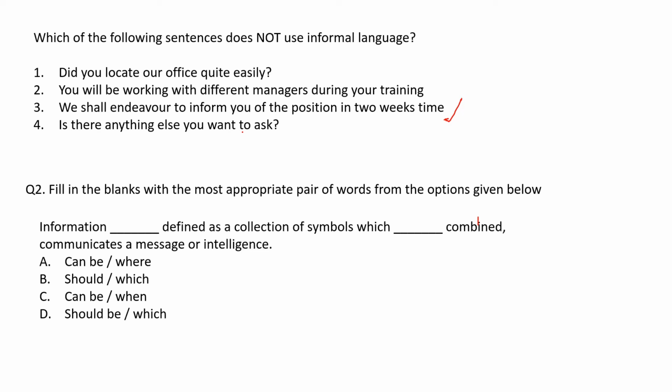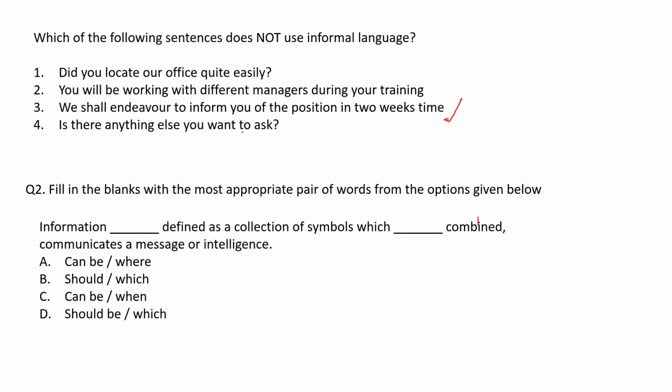Fill in the blanks with the most appropriate pair of words from the given options. Information dash defined as a collection of symbols which dash combined communicates a message or intelligence. Information can be defined as a collection of symbols which where, so which where is not making sense. Option B is also not making sense.